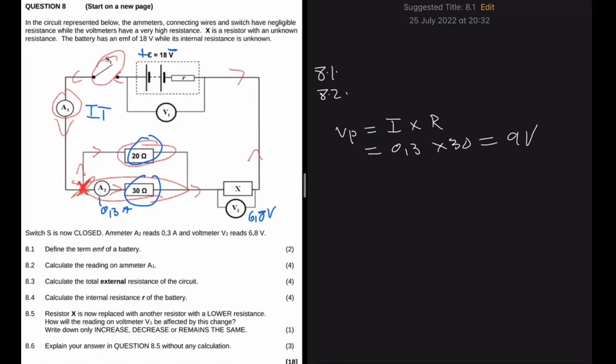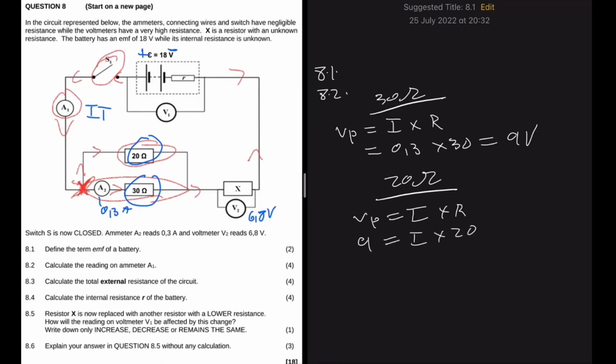What I wrote here is for the 30 ohm resistor. Now we take our attention to the 20 ohm resistor. We say again Vp is equal to I multiplied by R. We already know Vp from the 30 ohm resistor, so that will be 9 equals I multiplied by 20.